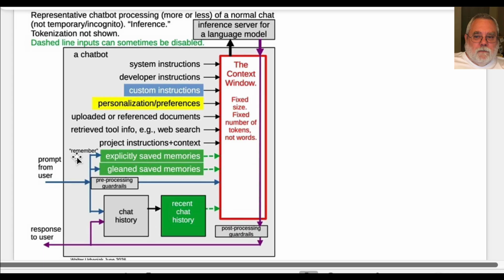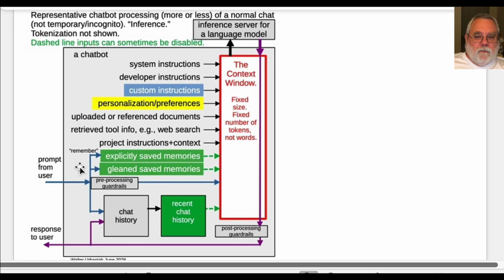Explicitly saved memories from when you prompted "remember" will get included in the context window if your settings enable this, except not for temporary or incognito chats for Claude, Gemini, and Copilot, and possibly ChatGPT now. If you care about this, test it. As you entered prompts and got responses in the past, the chatbot gleaned some information about you, your use of the chatbot, and your preferences for responses, when permitted by your settings.